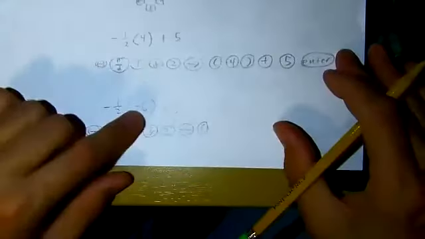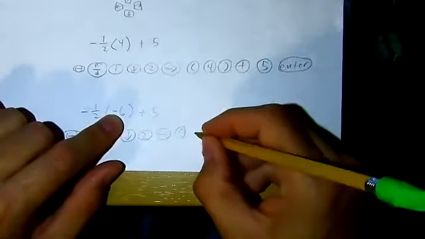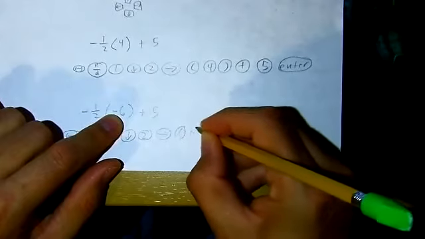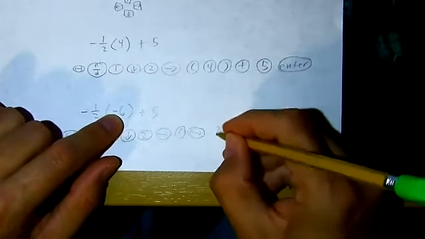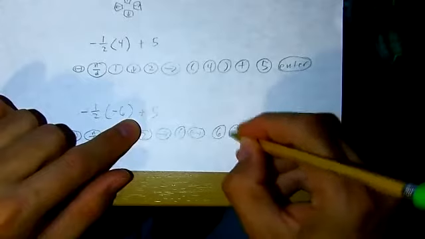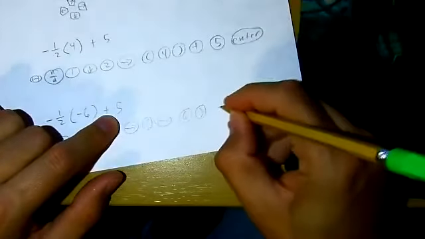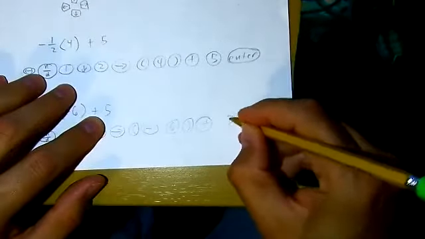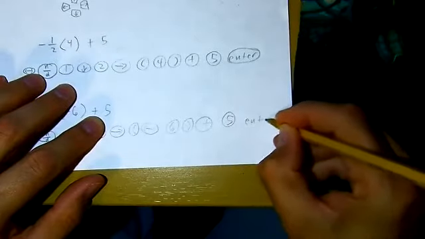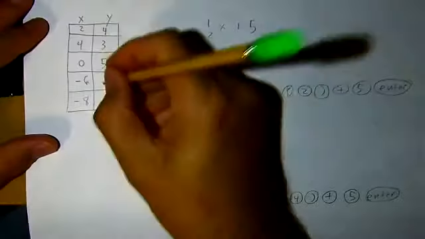Now, we got to put this negative in front of the 6. Don't use subtraction. So it's going to be the negative button again. 6, parentheses, plus 5, enter. And it should give you positive 8.